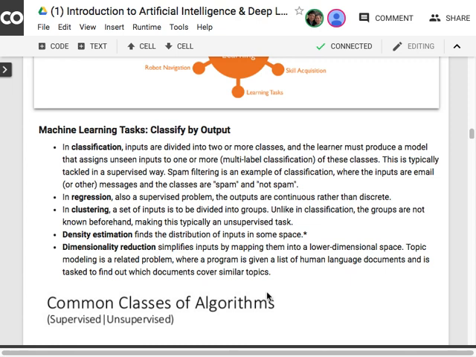And if you classify by output, or classify by application, we have 5 ways to do that. This is classification, I already told you. Regression is for predicting the stock market, something like that. Clustering is making separate groups of data into several groups. And density estimation is for the distribution, and it's used for anomaly detection.